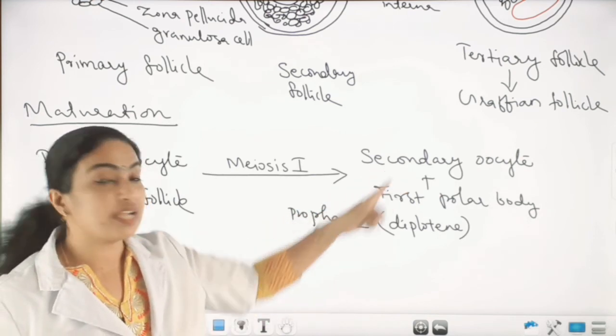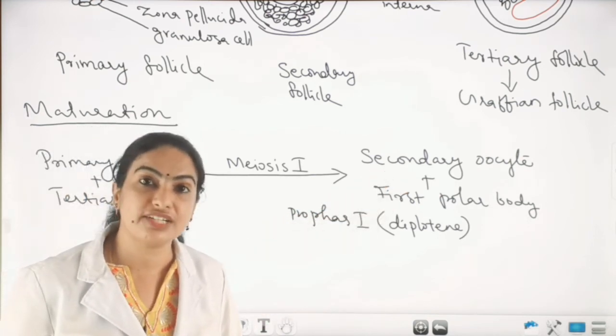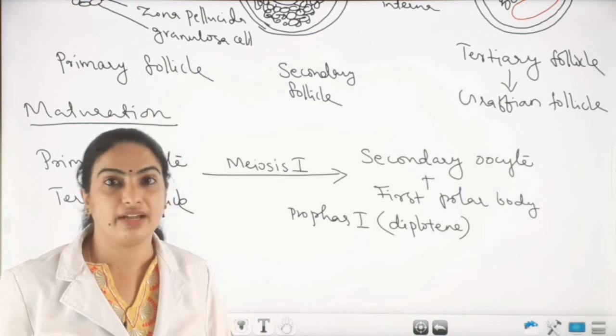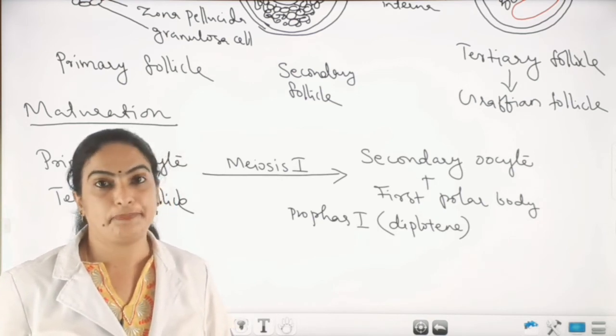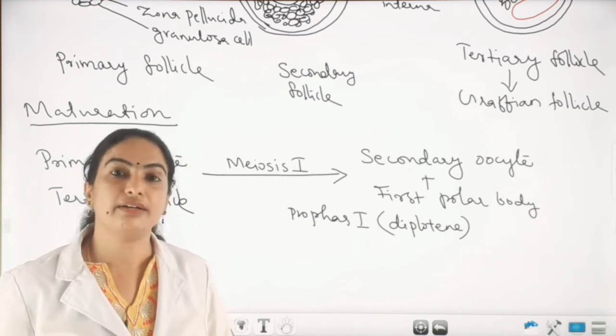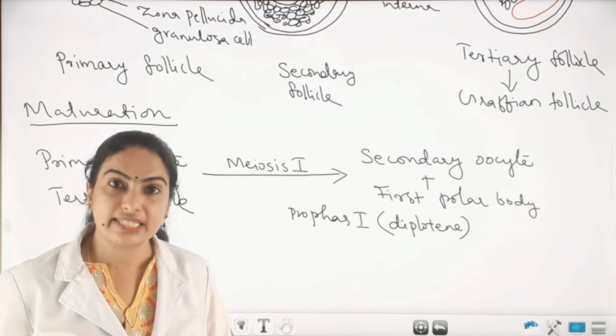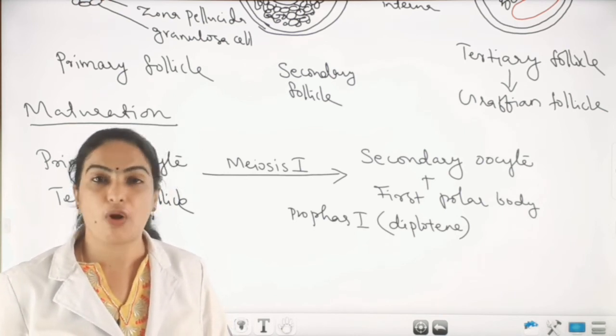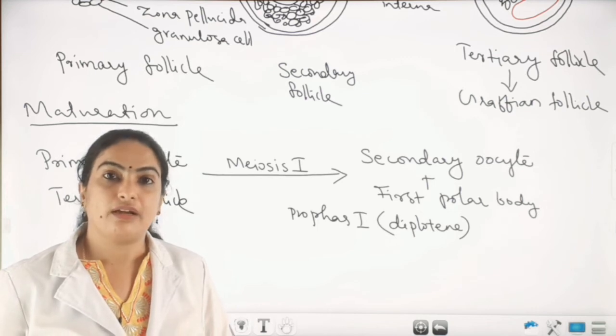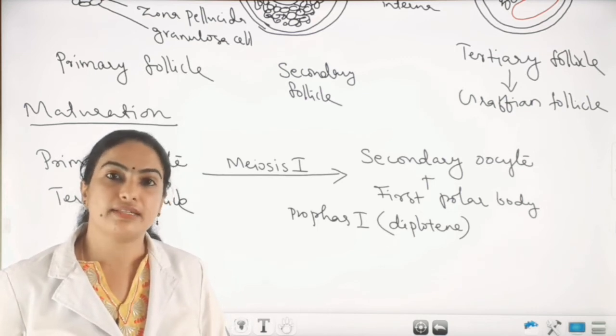Is it clear? So this is temporarily arrested over here, until the sperm enters into the fallopian tube. Now the secondary oocyte is there. After ovulation it reaches the fallopian tube or oviduct and waits for the sperm. If sperm does not enter, what will happen? It breaks, and along with the broken blood vessels, it flows out as menstrual flow.